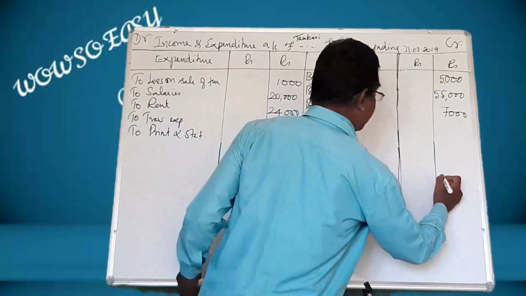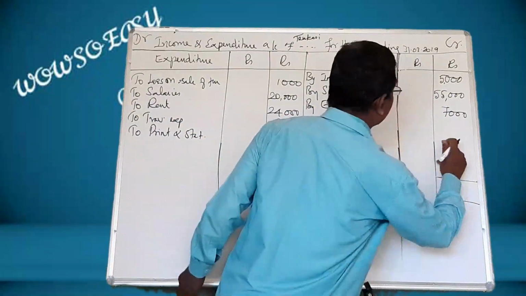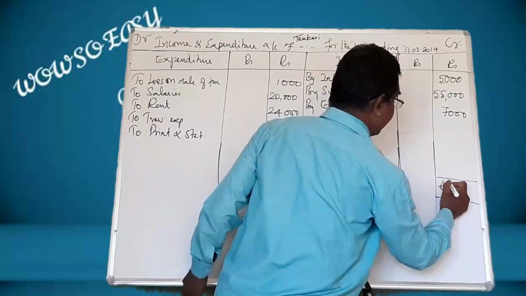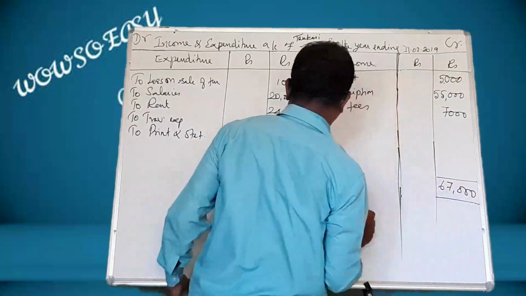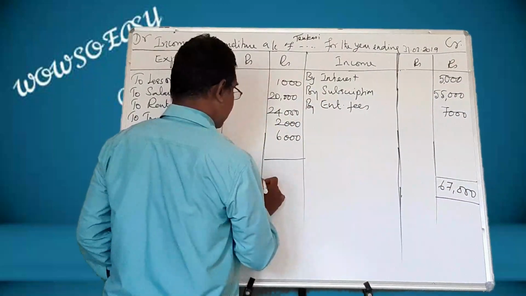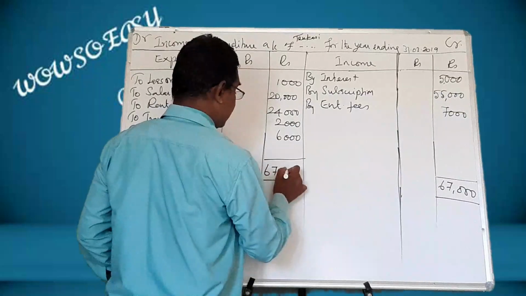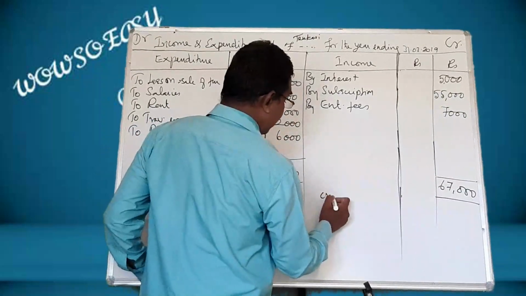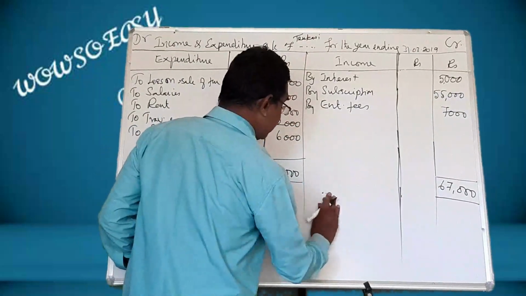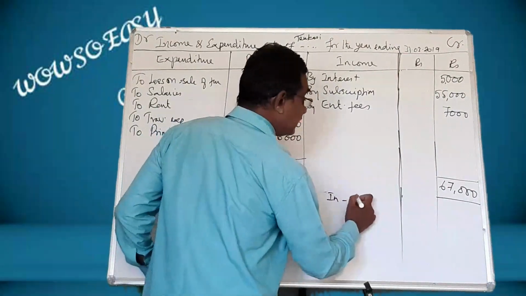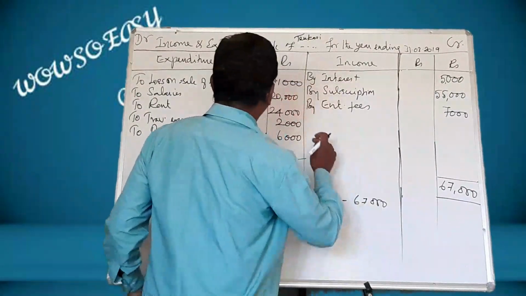First let us total this side. The income total is 67,000.